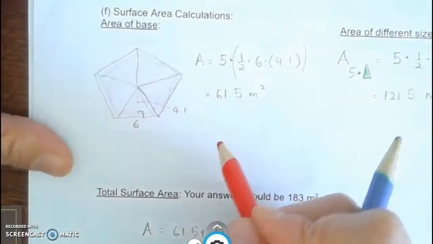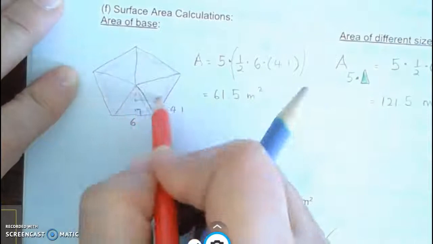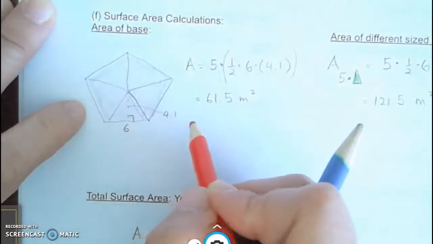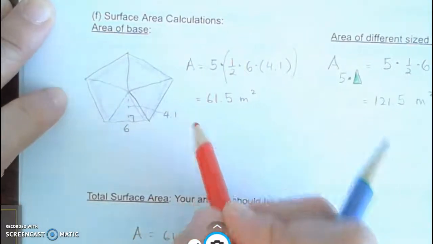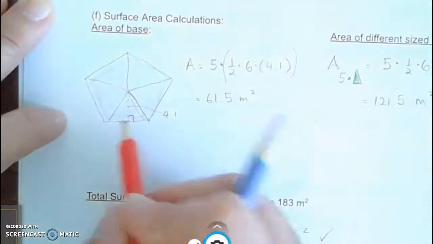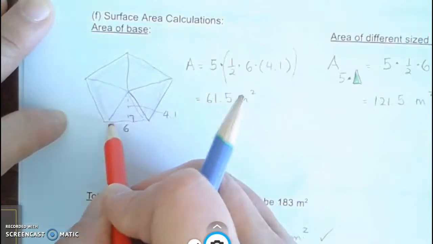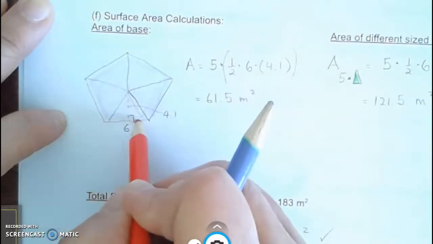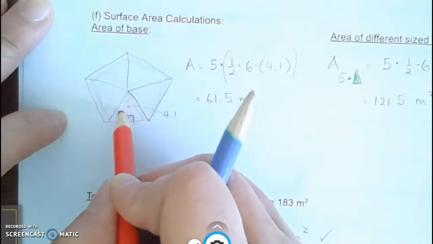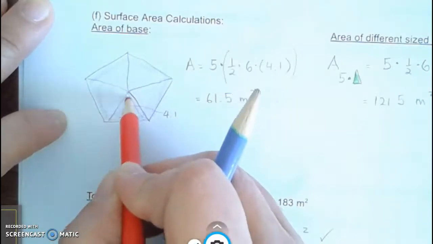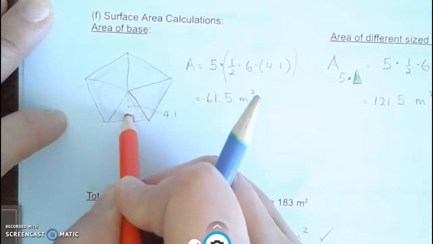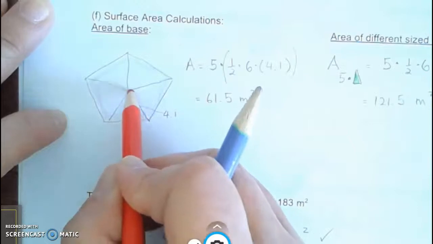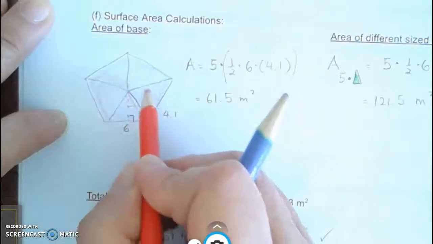So to calculate the surface area, we need the total area of the base. And how do we find the area of a pentagon? Well, we did that in the last unit. If I get half times base times height, then I get the area of this little triangle, and I know it's made up of 5 little triangles like that.